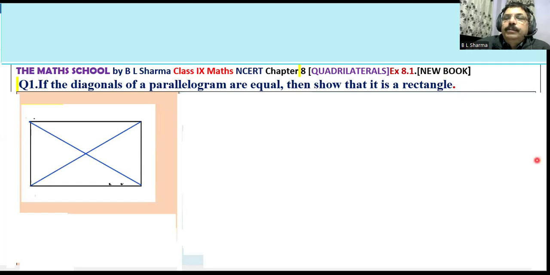ABCD is a parallelogram and the diagonals are also equal, means AC is equal to BD. Then we have to prove that it is a rectangle.